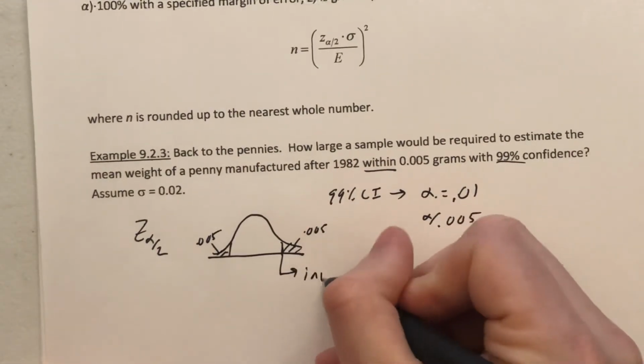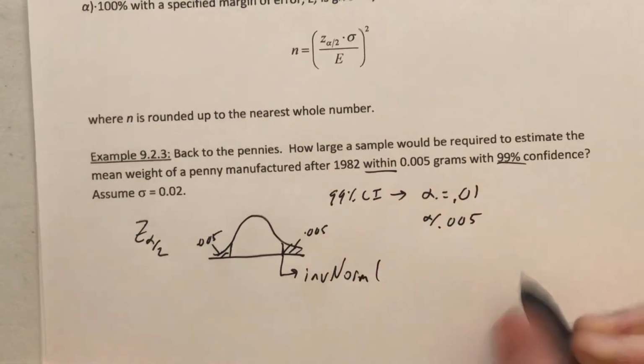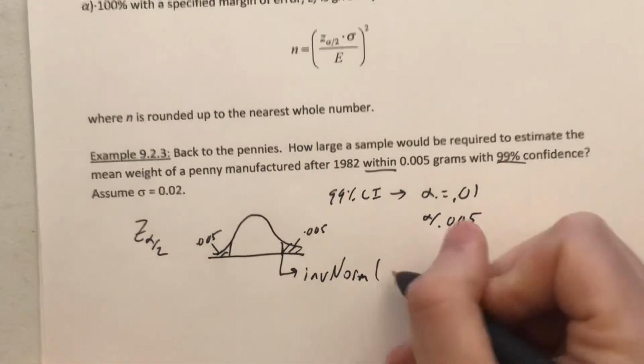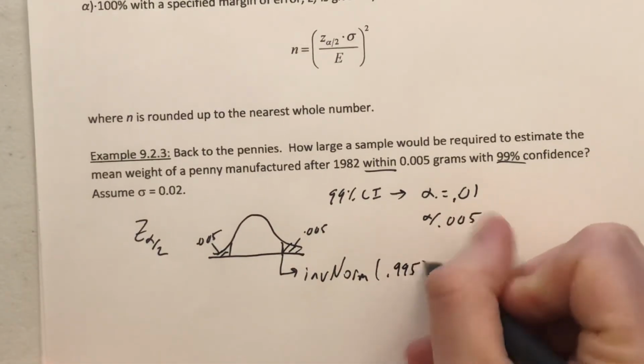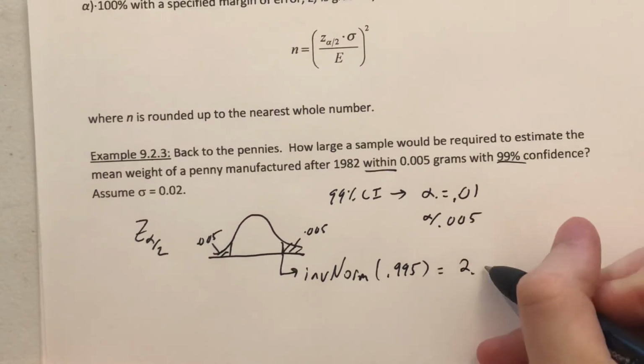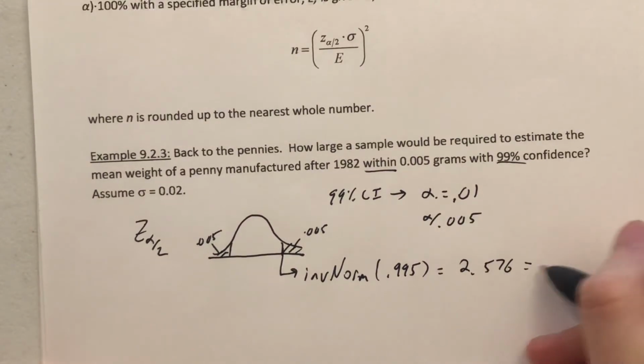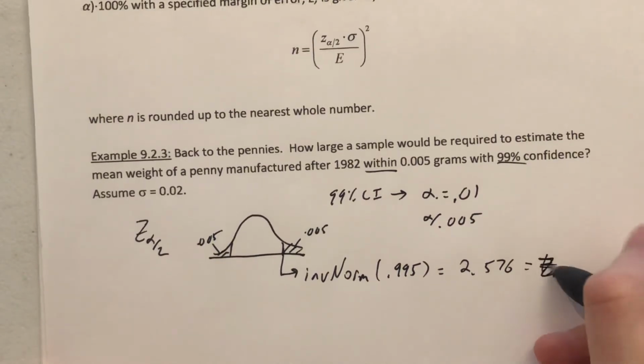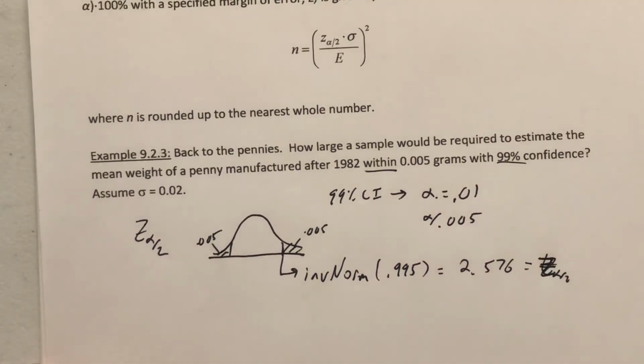To find that boundary, we'll need inverse norm of area to the left. If it's 0.005 to the right, it's 0.995 to the left. So inverse norm of 0.995 is 2.576 for our z-score.